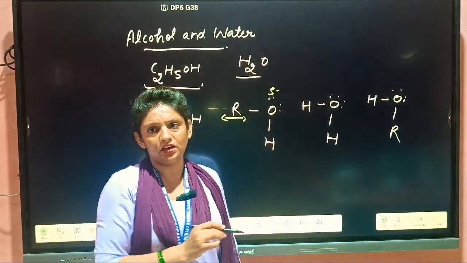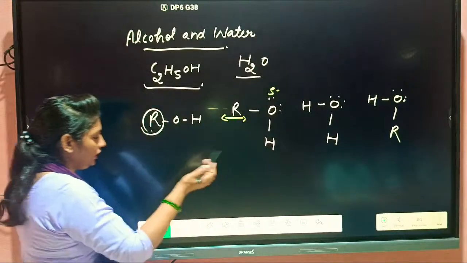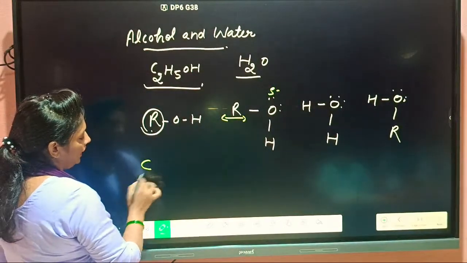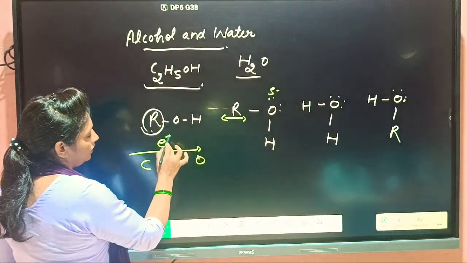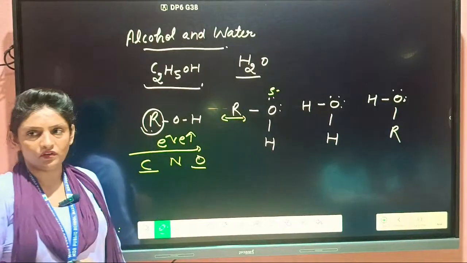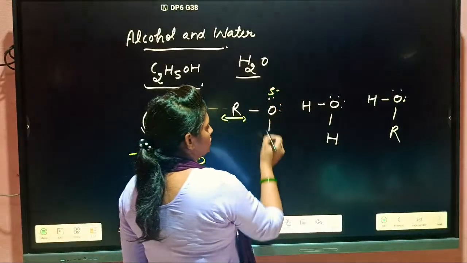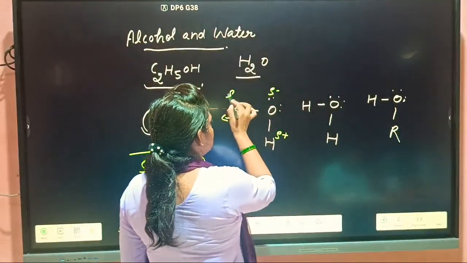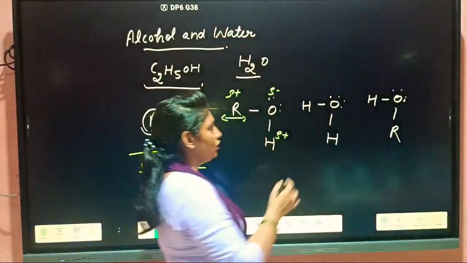R group means alkyl group, which forms a bond with carbon. And you know very well, if we move left to right, then electronegativity increases. So here oxygen is more electronegative as compared to carbon also. So a negative charge will be attained on this one and a positive charge on this one. Clear or not?